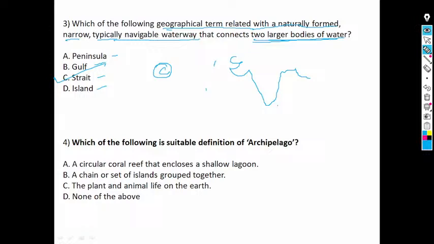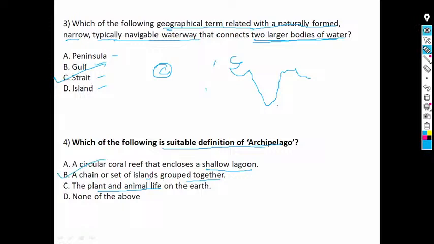We'll discuss this over. Which of the following is a suitable definition of archipelago? A circular coral reef that encloses a shallow lagoon, a chain or set of islands grouped together, the plant and animal life on the earth, none of the above.